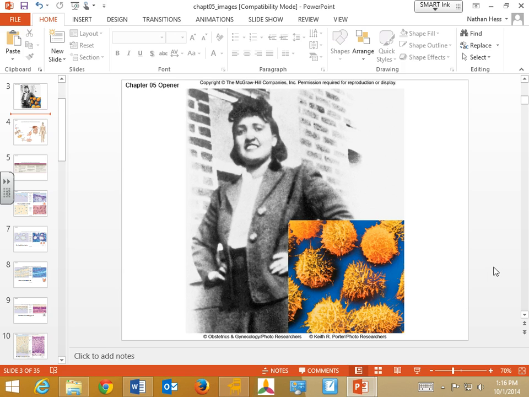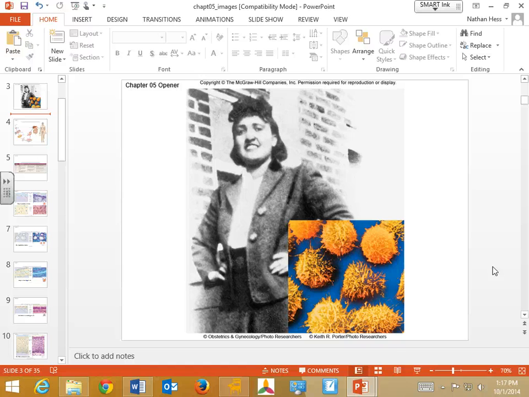This is Henrietta Lacks. It's the little story that's in the front of chapter 5. A fascinating story. This young lady from Baltimore, grew up not too far from where we are here right now, had uterine cancer. She was taken to Johns Hopkins. This was 40 plus years ago, I think.